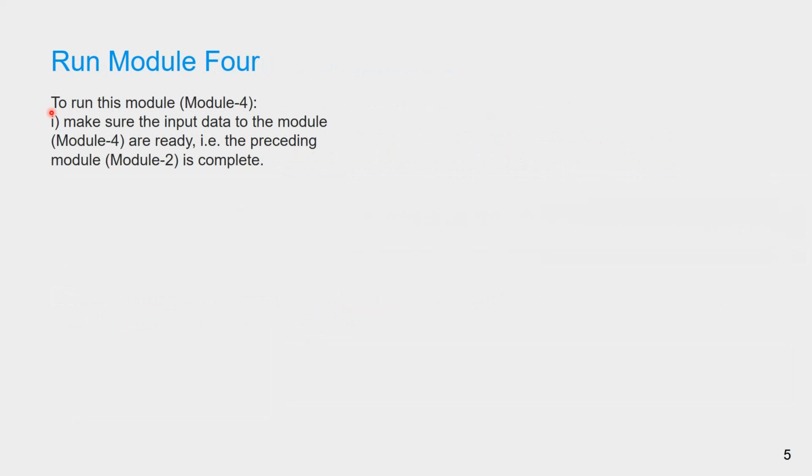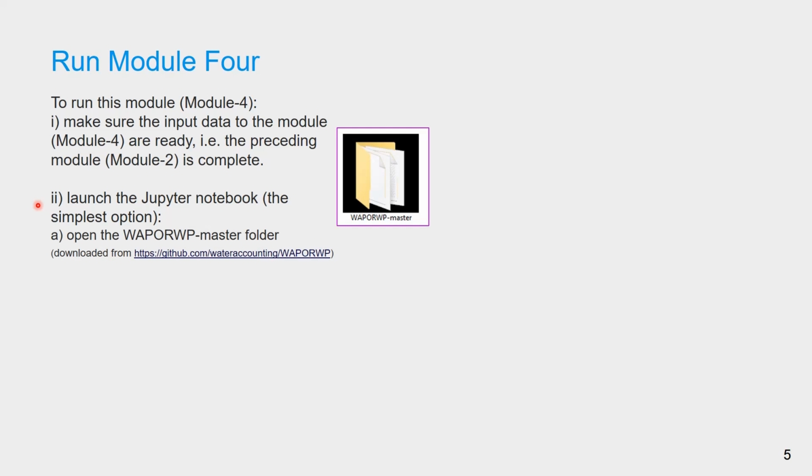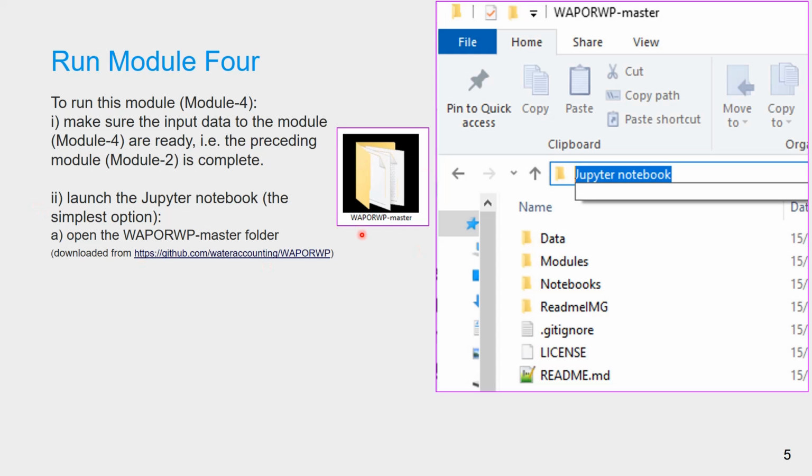There are four main steps to run this module. Firstly, make sure the input data to the module are ready. That is, the preceding module is complete. Secondly, launch the Jupyter notebook. The simplest option to open the Jupyter notebook is to start with opening the WaPOR WP master folder, which is downloaded from the GitHub repository.